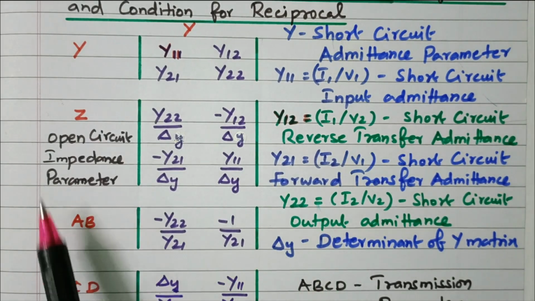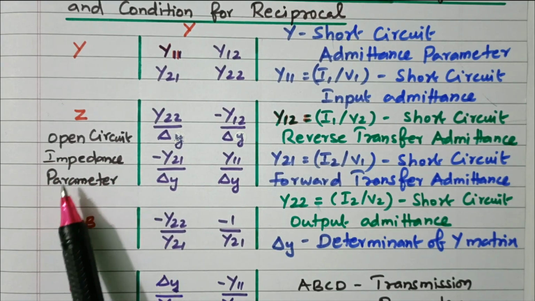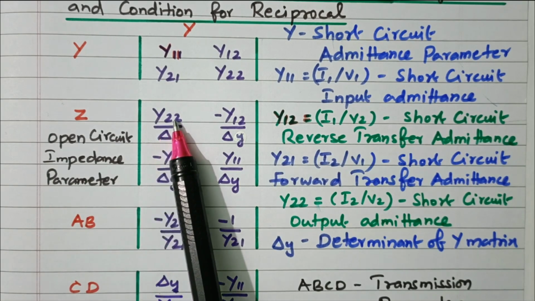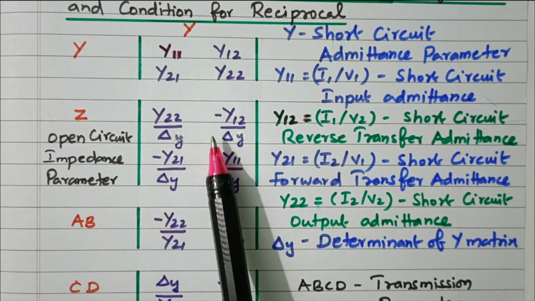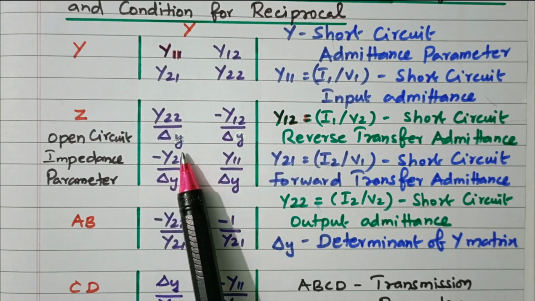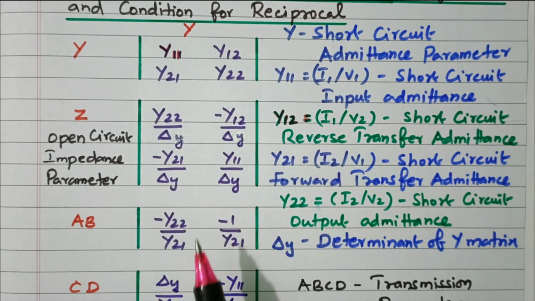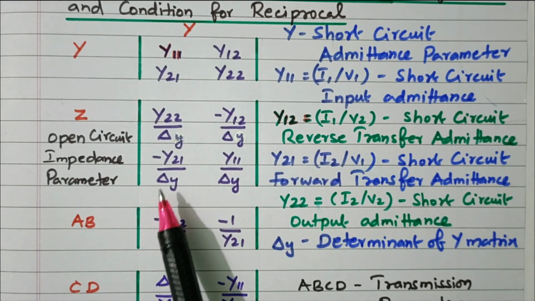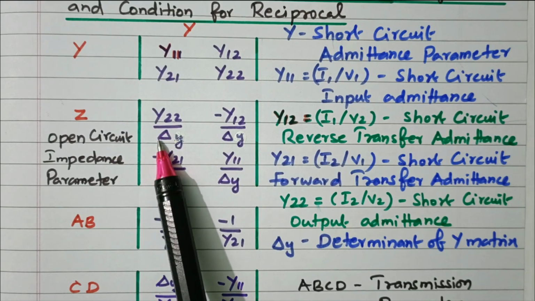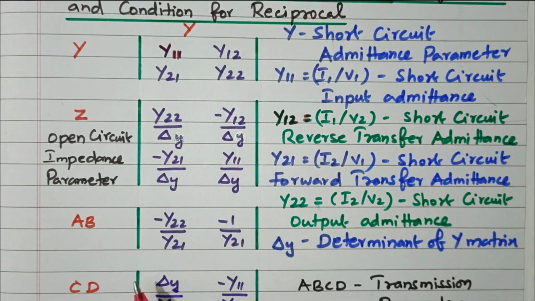First we will see the Z parameter. So it is the open circuit impedance parameter. How is it expressed? Y22 divided by delta Y, minus Y12 divided by delta Y, minus Y21 divided by delta Y, Y11 divided by delta Y. So the numerator is different, the denominator is the same, delta Y. Then the ABCD parameter.